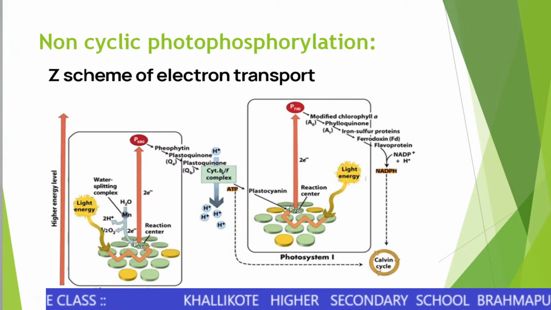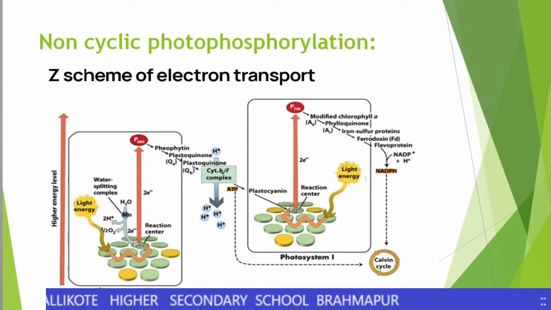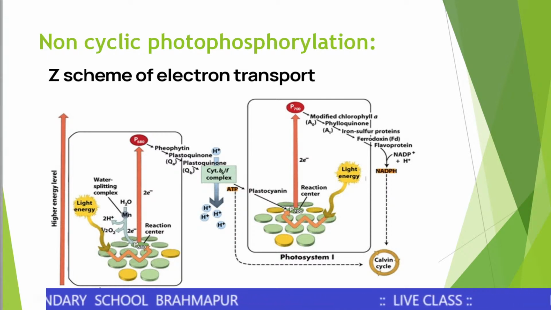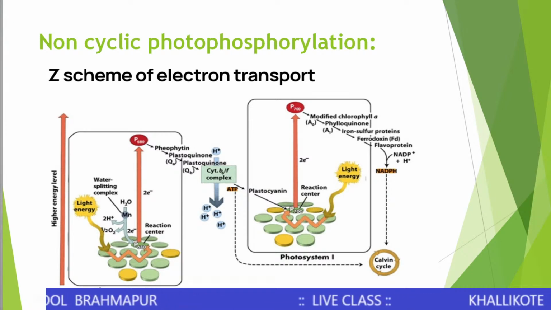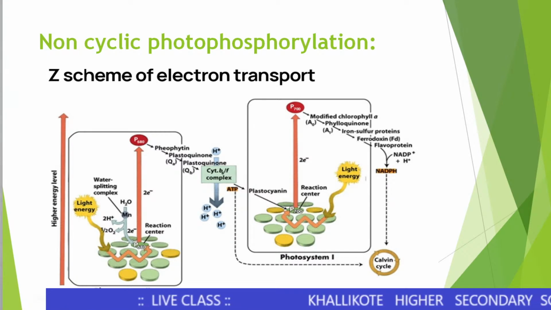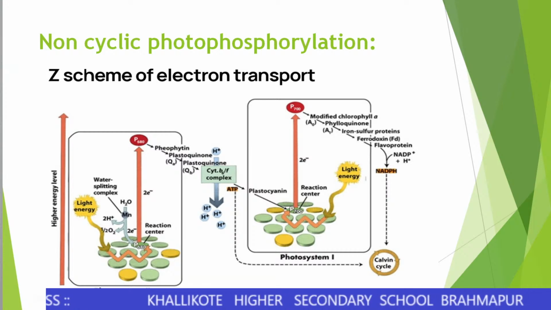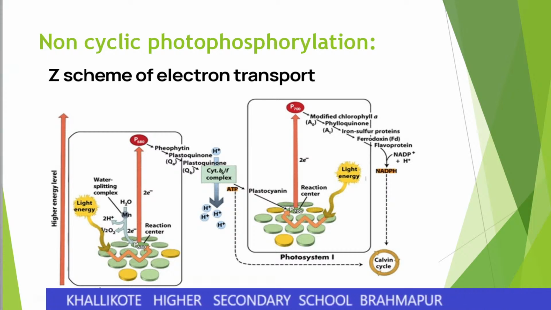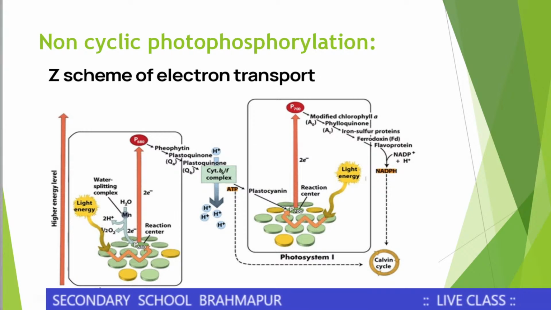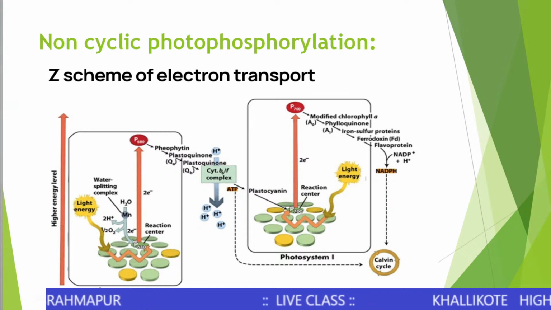The photolysis of water requires the water splitting complex, or the oxygen evolving complex, and the catalysts mainly are manganese ions, chloride ions, and also a requirement of calcium ion is seen. This oxygen evolving complex has a greater concentration of Mn2 plus, Cl minus and Ca2 plus ions, which help in the process of splitting of water.